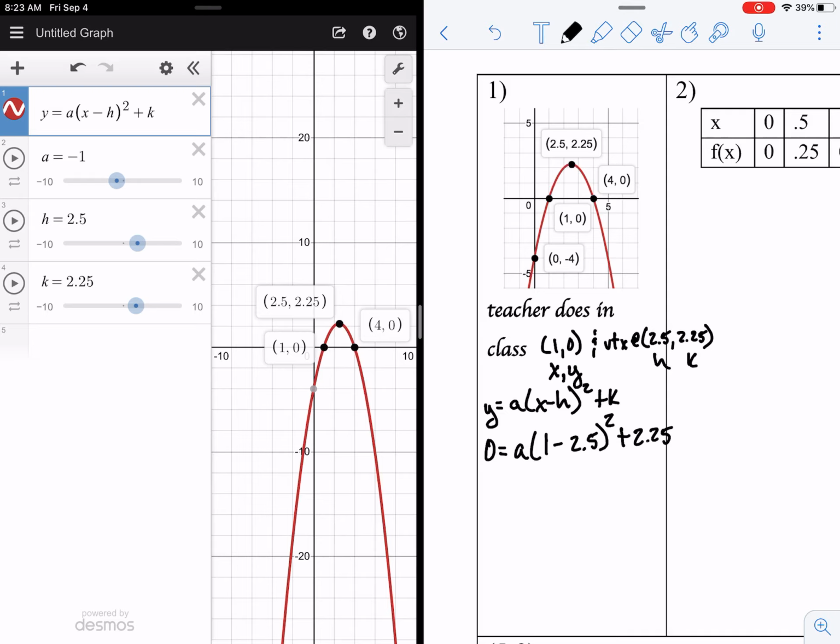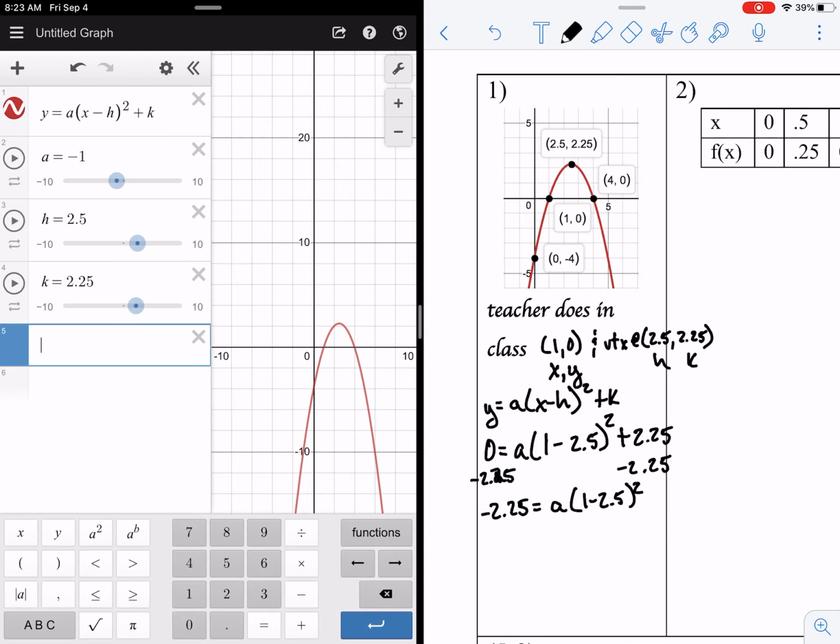So I'm going to subtract 2.25 from both sides. I'm actually going to do this in parentheses and decimals.